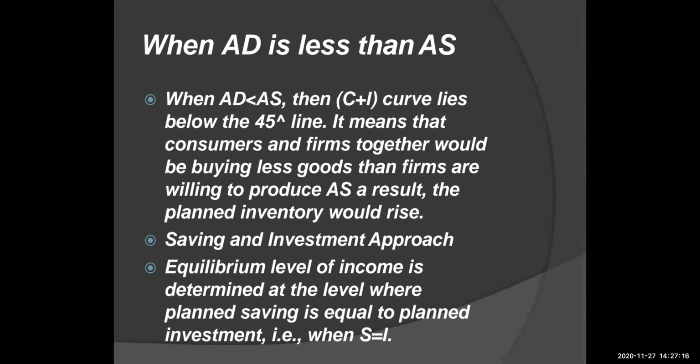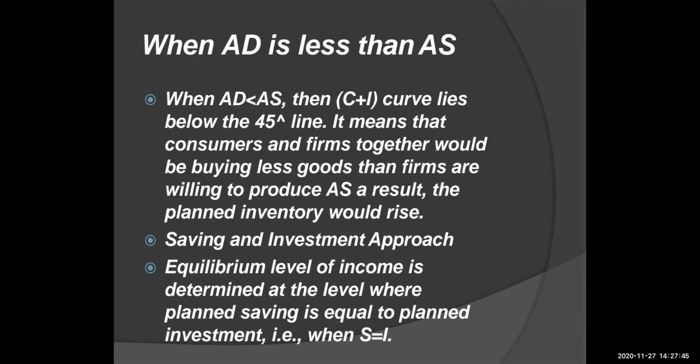And when aggregate demand is less than aggregate supply, which means AD is less than AS, then the C plus I curve lies below the 45-degree line. It means that consumers and firms together would be buying fewer goods than the firms are willing to produce. As a result, the planned inventory would rise.